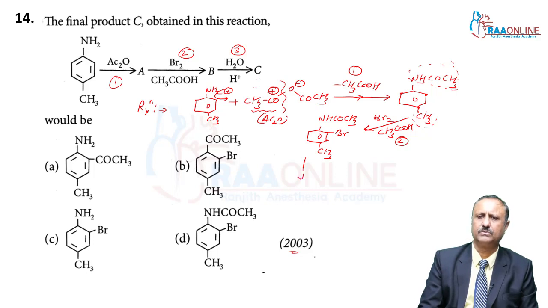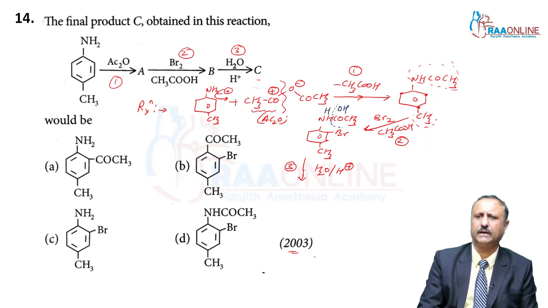Now, we can use the third step. This third step is water in the presence of H plus ions. My dear students, when water and H plus ions hydrolyze this group, you get the H and OH.